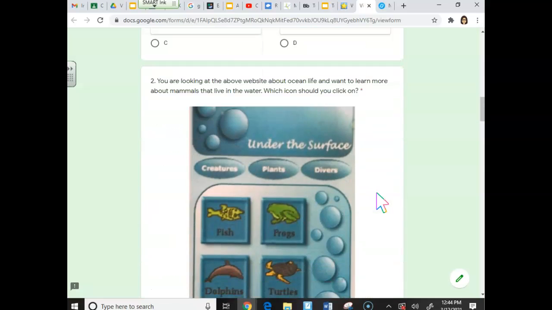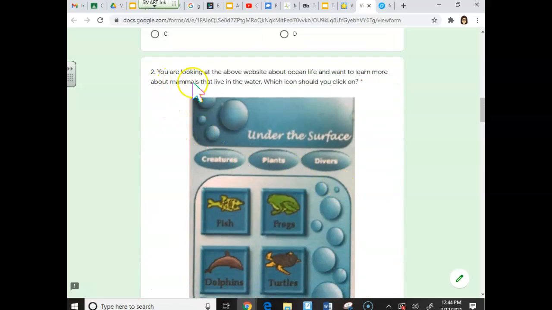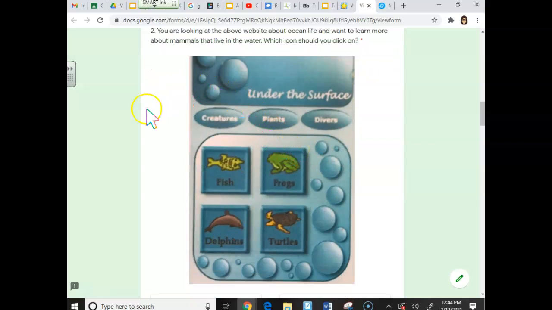Number 2. You are looking at the above website about ocean life and you want to learn more about mammals that live in the water. Which icon should you click on? What is a mammal that lives underwater? That is a dolphin.